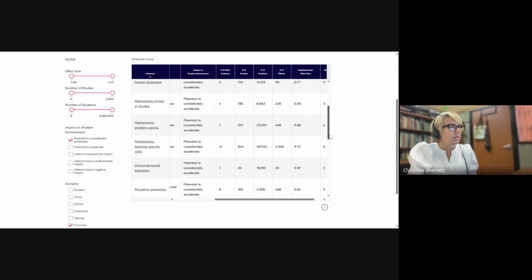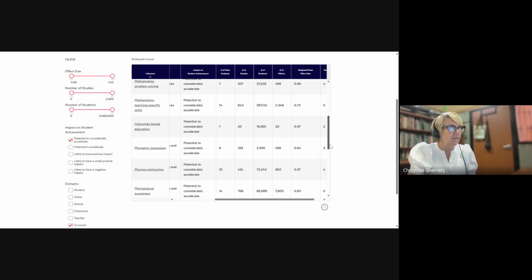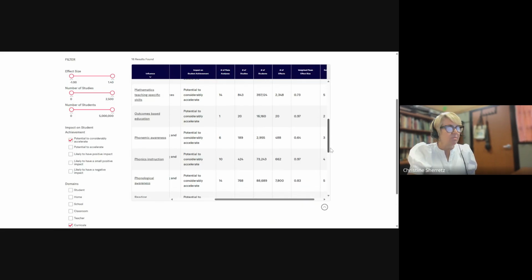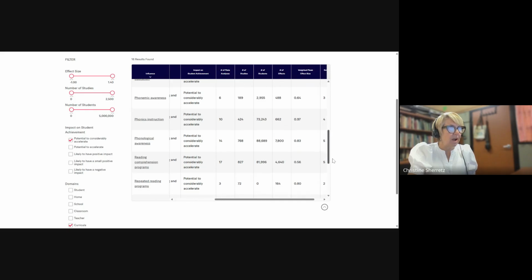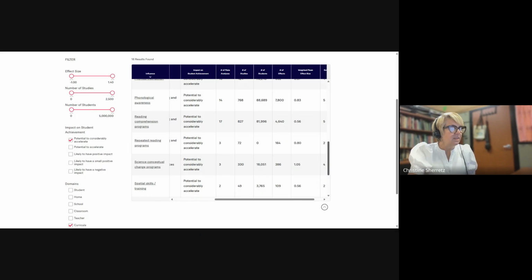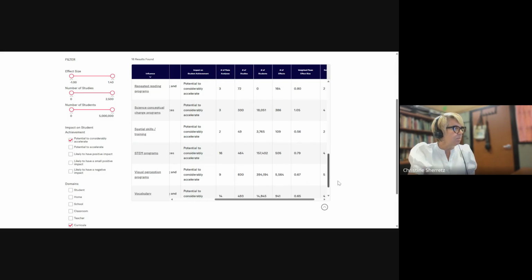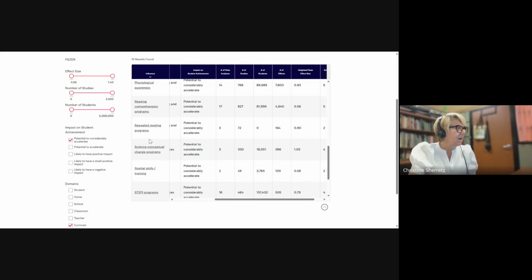Well, outcome-based education, 0.97, was a pretty high effect size. Phonics instruction, 0.97, high. Phonological awareness, 0.83, high. Repeated reading, high. Science conceptual change programs, high. So these are some that are very high.